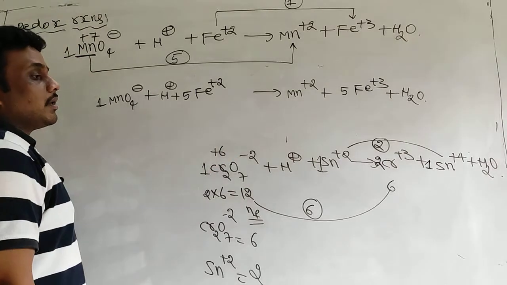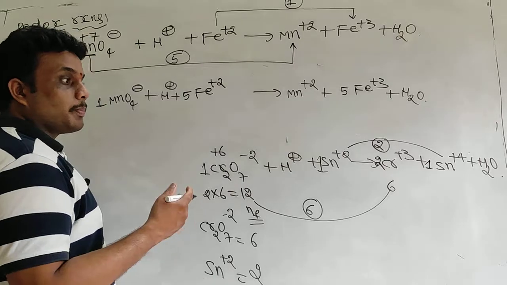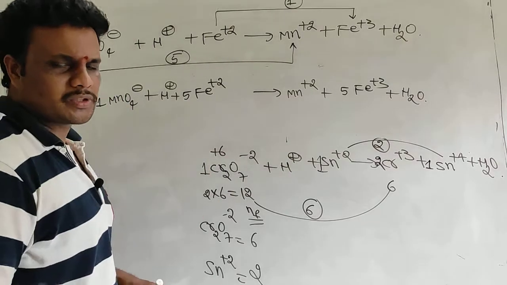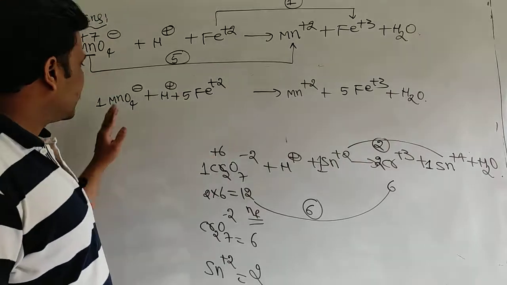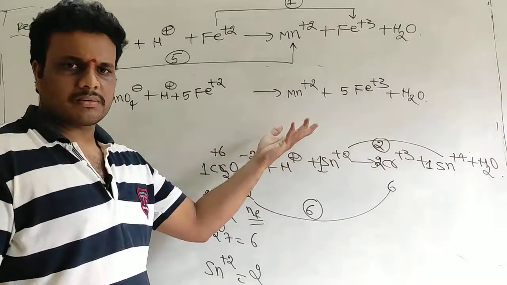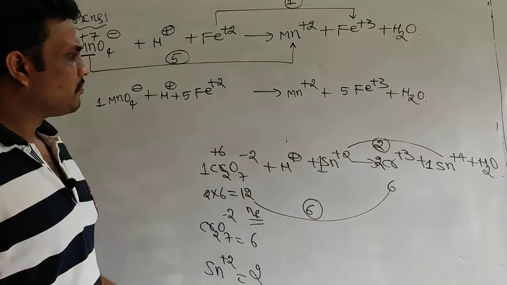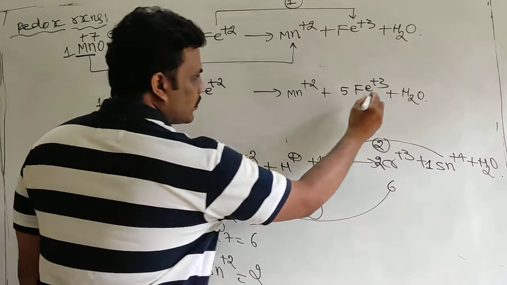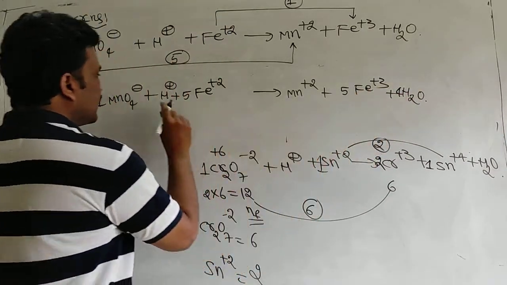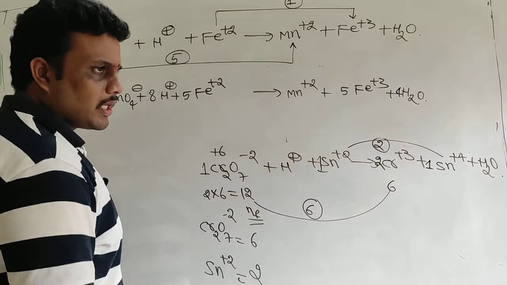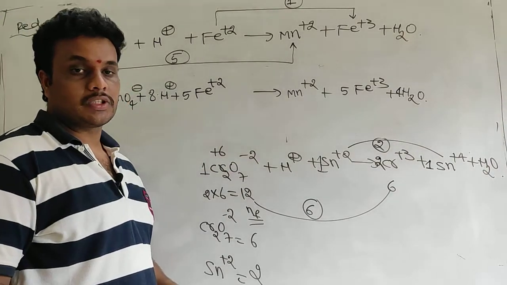Now only spectators which do not participate in the chemical reaction are left, that you can balance by using your skill. Once reducing agent and oxidizing agent are balanced, you can balance H plus and water. That is simply by counting number of oxygens and hydrogens. 4 oxygens here, you take 4 into 2, 8 hydrogens, you take 8 here, the reaction is balanced. How to check whether reaction is balanced or not?